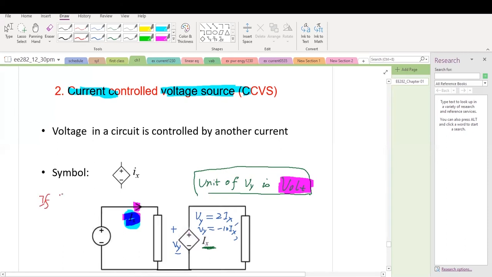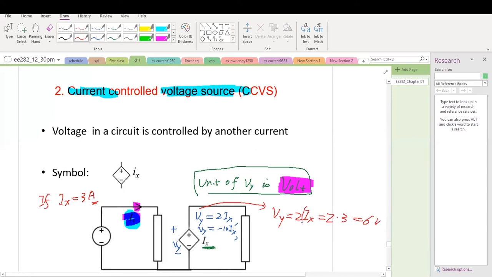If Ix equals 3 A, then we take this example here. Vy equals 2 Ix, which is 2 multiplied by 3, that will be 6 volt here.